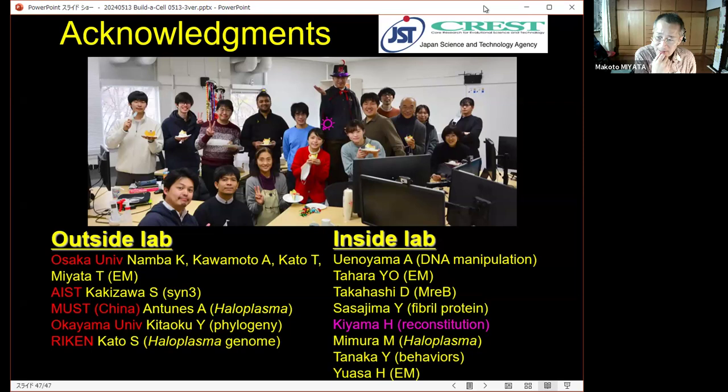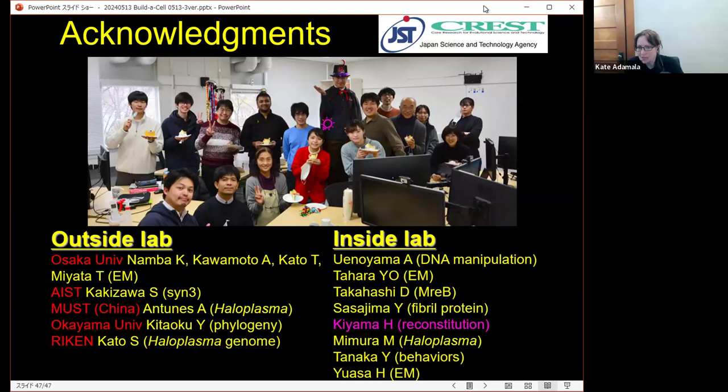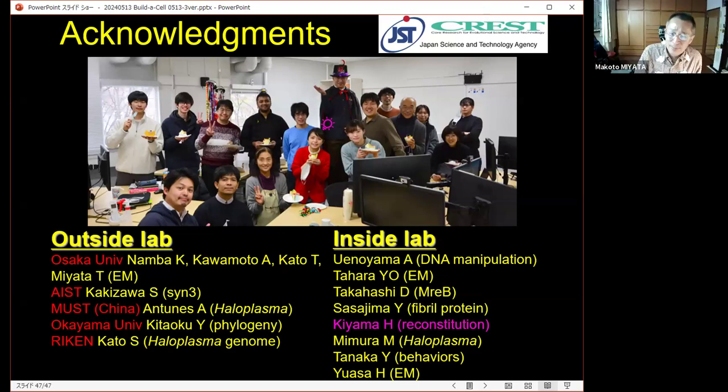Yes, we should be able to knock out genes in the spiroplasma, but not so many people are working on gene manipulation of the spiroplasma, so currently we can't knock out its genes freely.